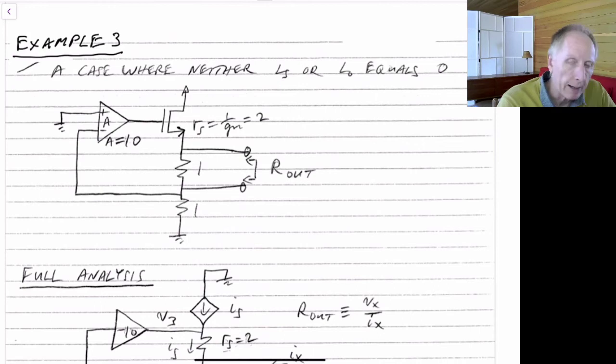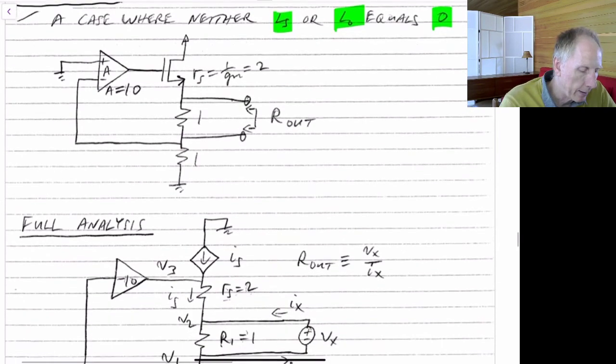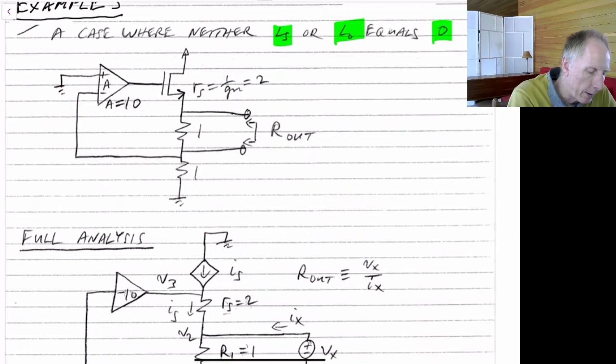Okay, so in this example, we want to look at a case where neither L sub S nor L sub OP is 0. So here's a case where we want to find the port impedance now, looking across this resistor. And again, we'll let Rs equal 2 and R naught is equal to infinity for the transistor, same as before.